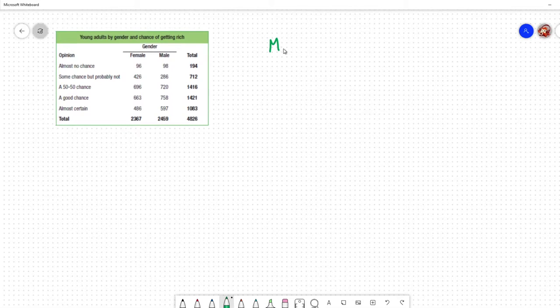So first, let's talk about what is a marginal distribution. So a marginal distribution, as the name implies, margin is these numbers here, both on the right-hand side and on the bottom.